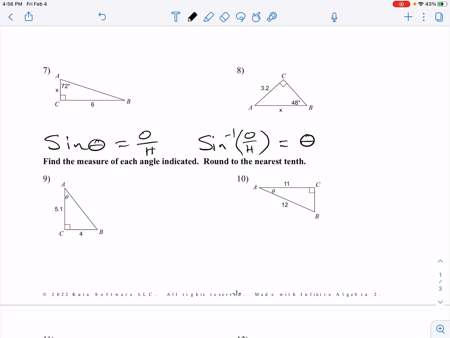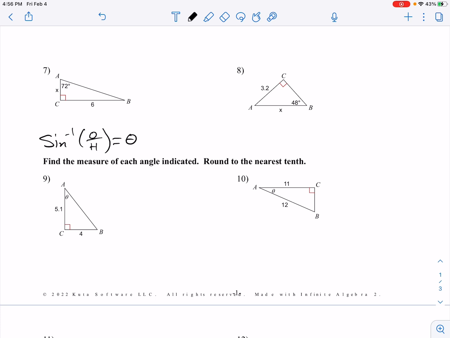Okay, let me write these out. Sine inverse of the opposite over hypotenuse is equal to theta, our angle. Cosine inverse of adjacent over hypotenuse is equal to our angle.